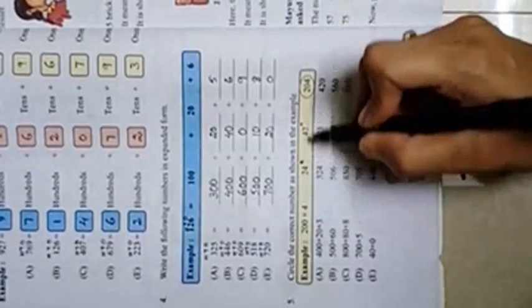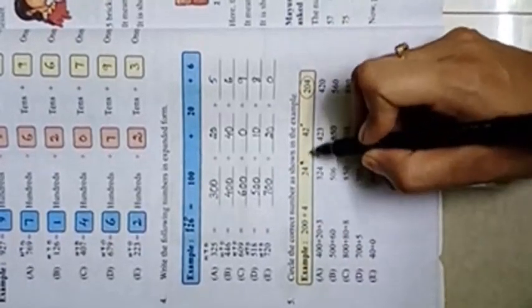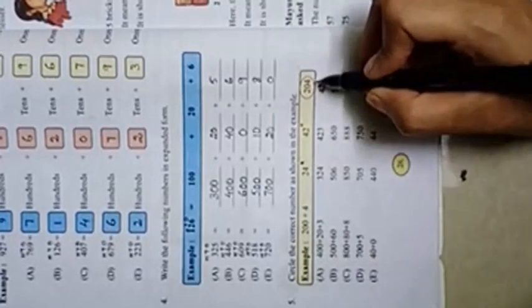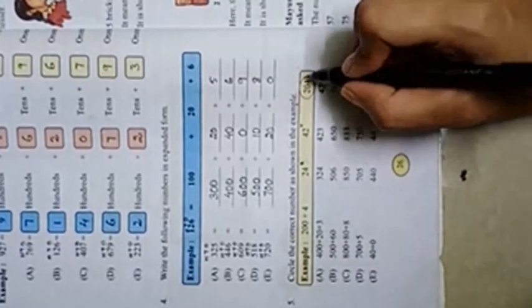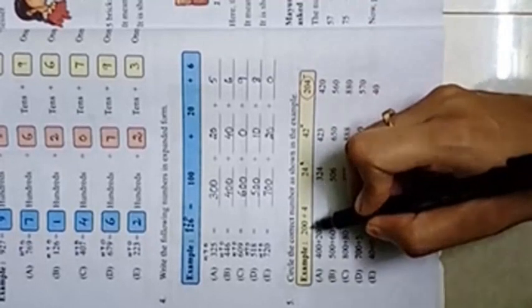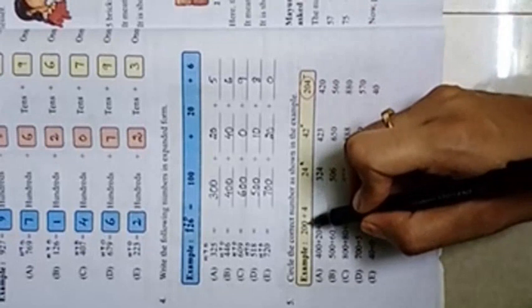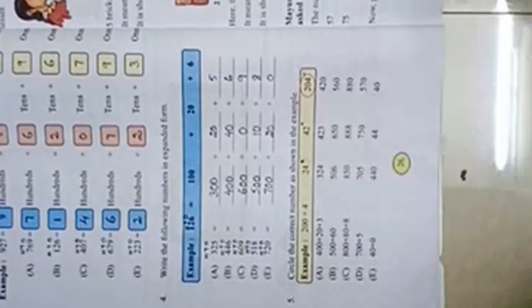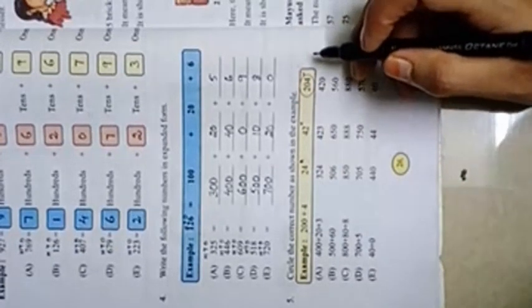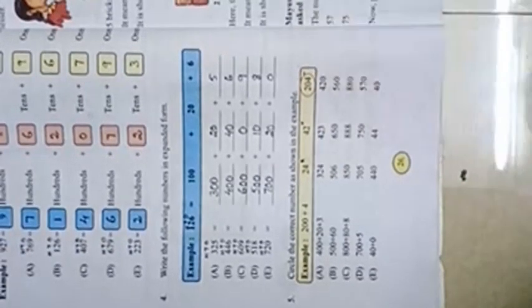So here we have 2-digit numbers. Here the last number, 204, exactly, this is the right answer. Why? Because the ones place number, when you add it to the 3-digit number, will settle in the ones place. So the answer is 204. Is that clear, children? Yes.